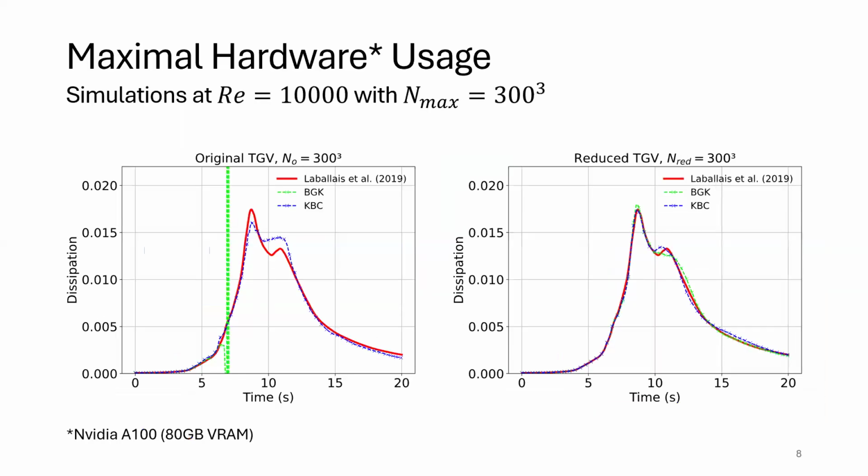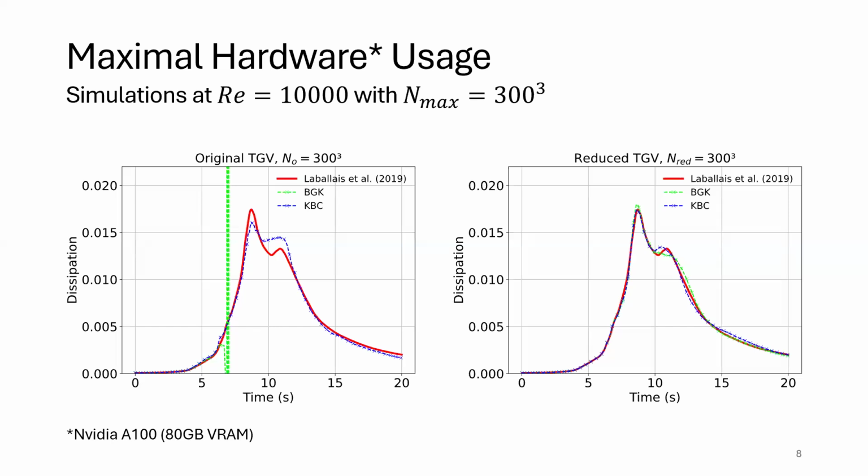First off, we are going to look at the maximal hardware usage. I simulated on an NVIDIA A100 with 80 gigabytes VRAM, and the maximum resolution I could calculate was about 300 to the power of 3. So I calculated the original Taylor-Green vortex with a Reynolds number of 10,000. As we can see, and that's also the reason why we used KBC as well, the BGK operator isn't stable at these high Reynolds numbers with this, I would say, low resolution.